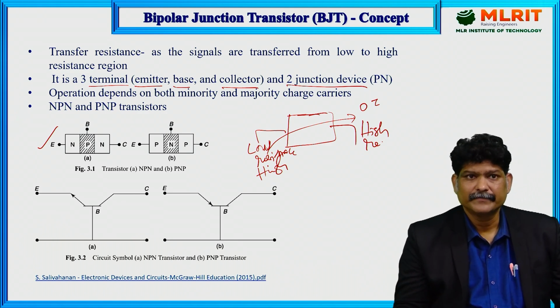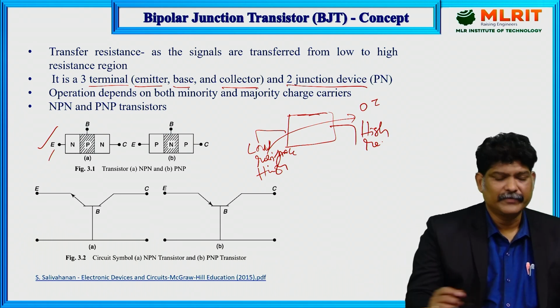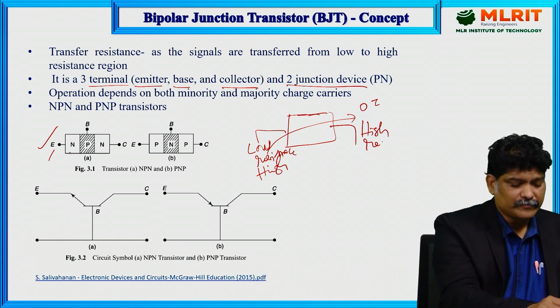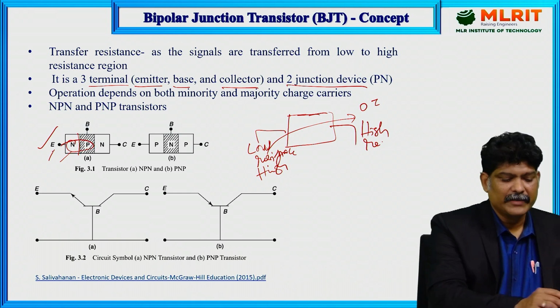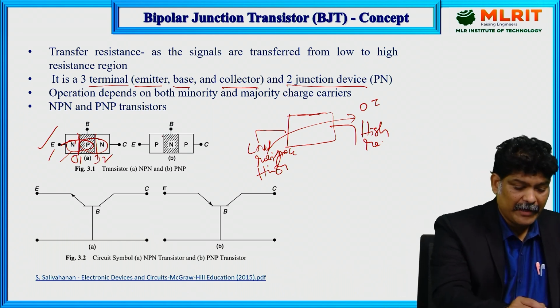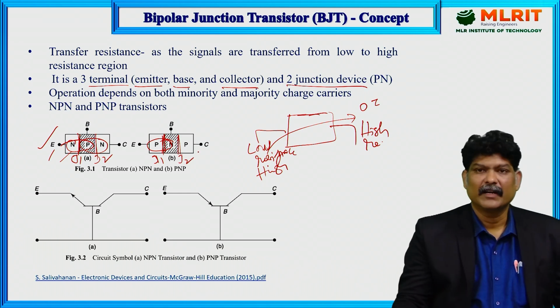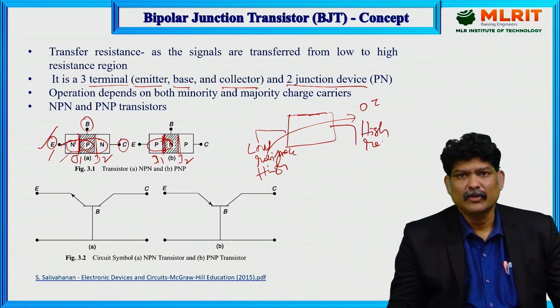In the NPN transistor, there are two junctions: between this PN junction and this PN junction, junction 1 and junction 2. Similarly in PNP, this is one PN diode, this is junction 1 and this is junction 2. The three terminals are base, emitter, and collector. So it is a 3-terminal, 2-junction device.